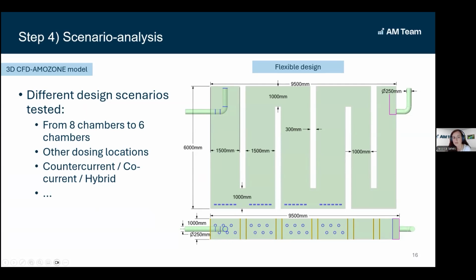So we have diffusers in all the 4 first chambers. In this way, we could actually reduce the local ozone concentrations compared to the initial design, thanks to the fact that there are more diffusers that can deliver the same gas flow. So the ozone concentration is actually lower.